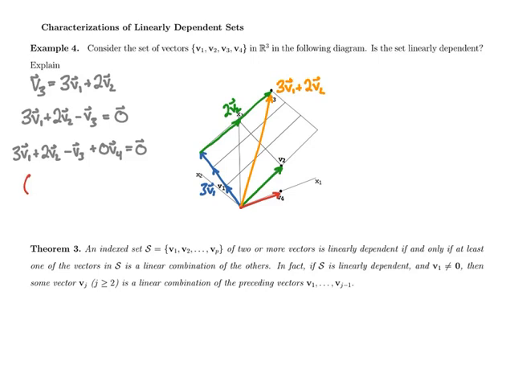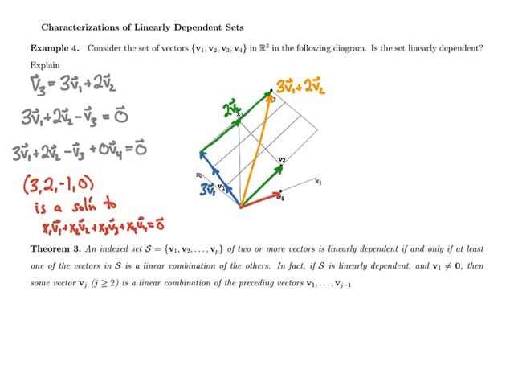This means that 3, 2, negative 1, 0 is a solution to x1 v1 plus x2 v2 plus x3 v3 plus x4 v4 equals 0, the homogeneous equation.